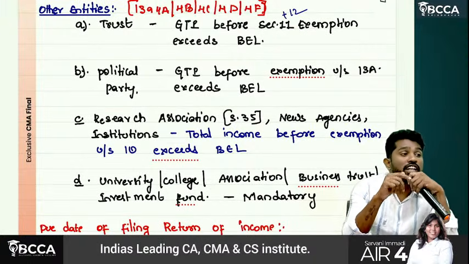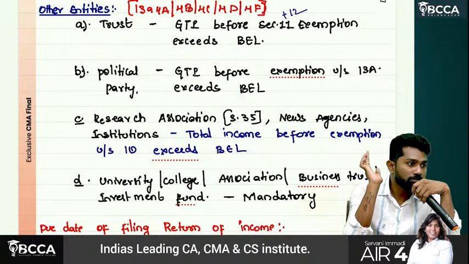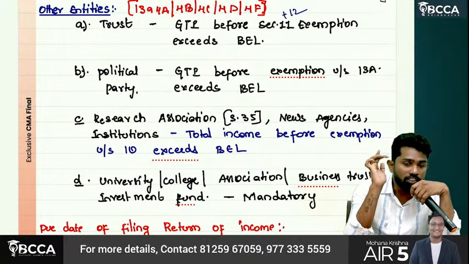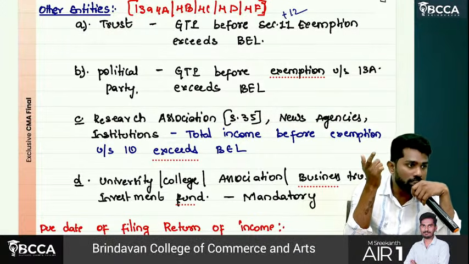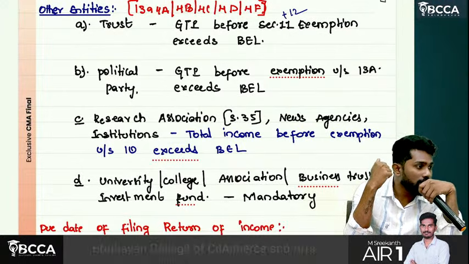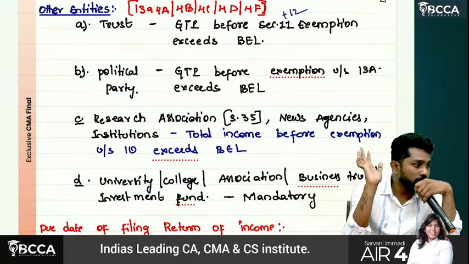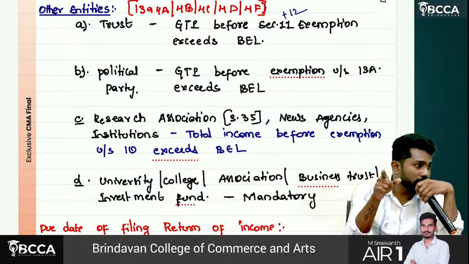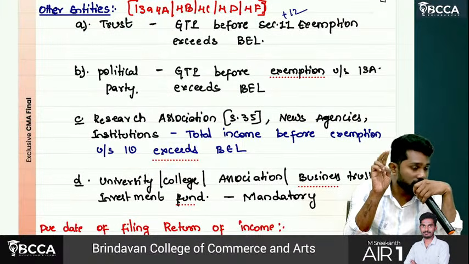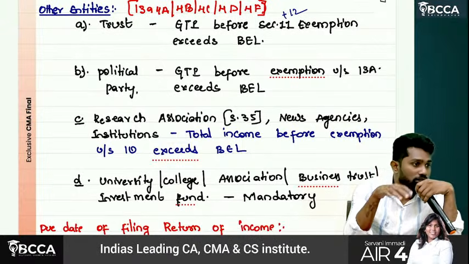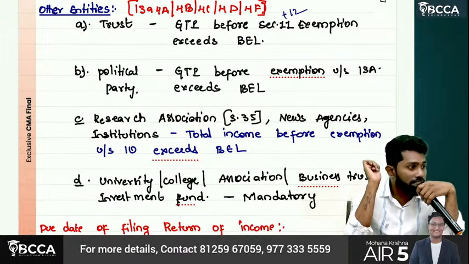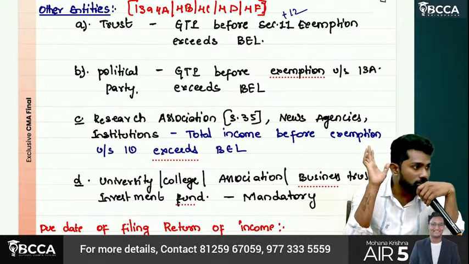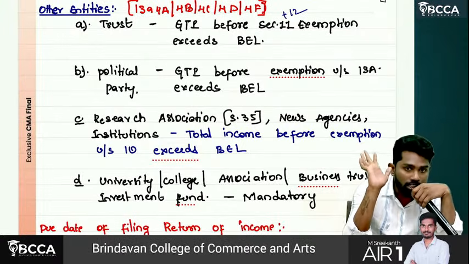Then, all the other persons, if their gross total income exceeds the basic exemption limit before giving 54 series exemptions. Trust and political parties, before giving section 11 and 12 or section 13A exemptions. Research associations, news agencies, before giving section 10 exemption, if it exceeds the basic exemption limit, then also they have to file return of income.